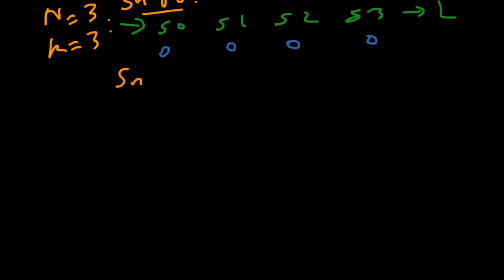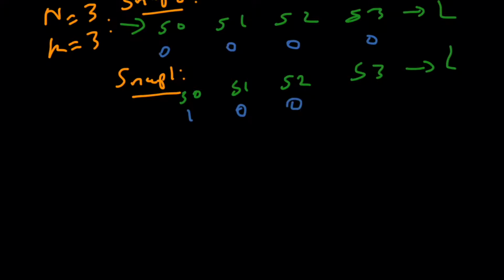The second case where snap is 1, we get S0, S1, S2, and the light is plugged here. And now we plug this on, and then snap 2 happens. And so in this case, we have S0, S1, S2, S3.